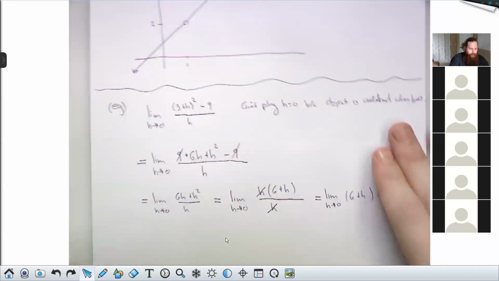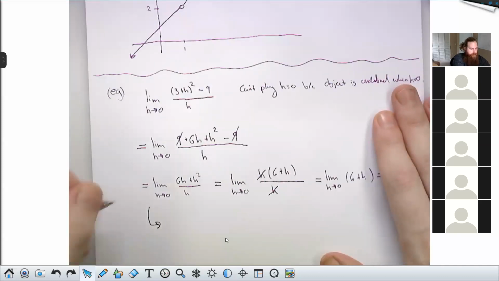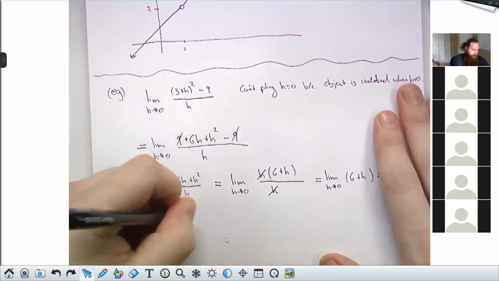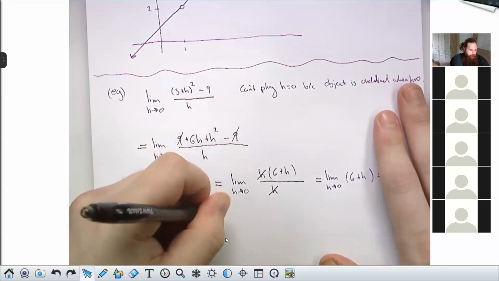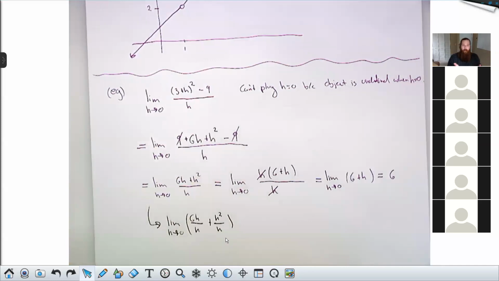So it's a fair question. Let's take a look. What if we did this instead? That is kosher algebra. You can split fractions up across their numerator like that. But if I go to plug in h equals 0, I still have that problem in each of these expressions.